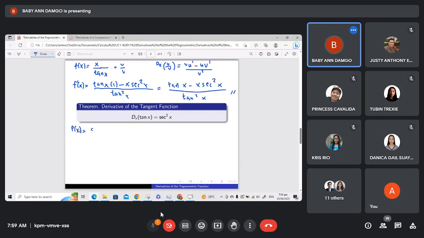Okay, sine x tangent x. Okay, so pwede ta mo gamit ani og product rule. So uv. So this is uv prime plus vu prime. So ang derivative ani is equal to, this is your u ang sine x. Your v here is the tangent x. So, sine x times derivative sa v.